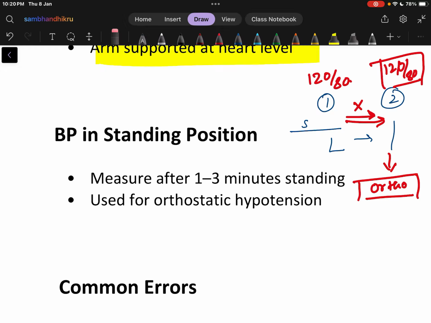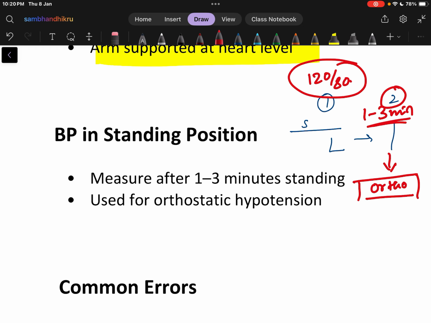Sir, how can we do it then? After making him stand from the supine position or from the sitting position, wait at least 1 to 3 minutes. Later you can assess the BP and compare. This may be normal, but here you will get less than 90 by 60. So this will be diagnosed as orthostatic hypotension. I hope you understood this.